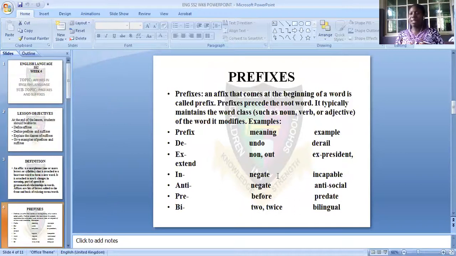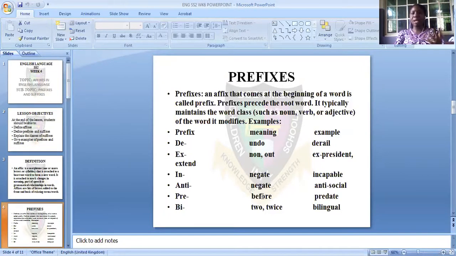When we add IN to it, we have incapable. Anti, ANTI, also means to negate. We can add anti to the root word social: antisocial.